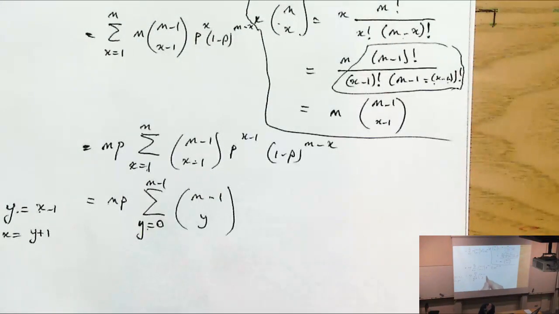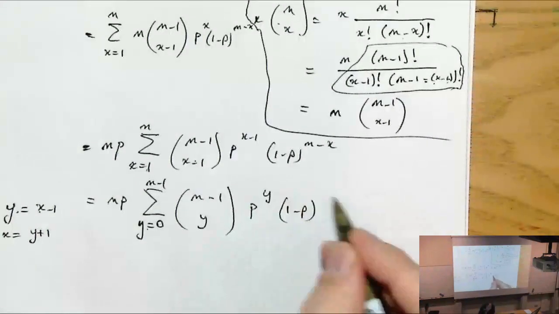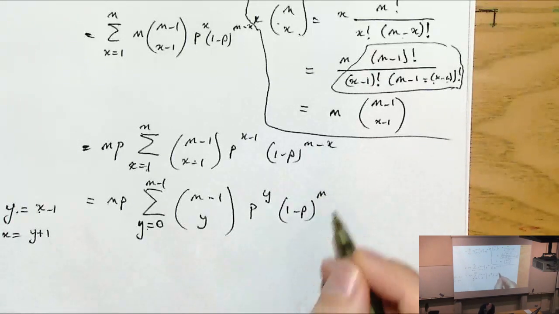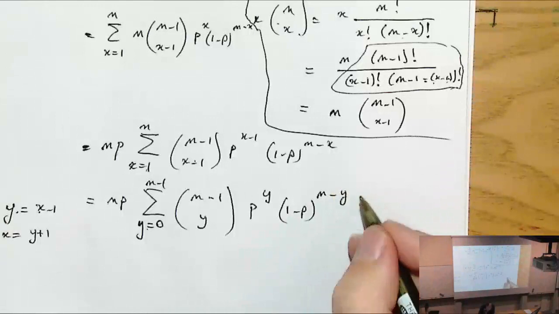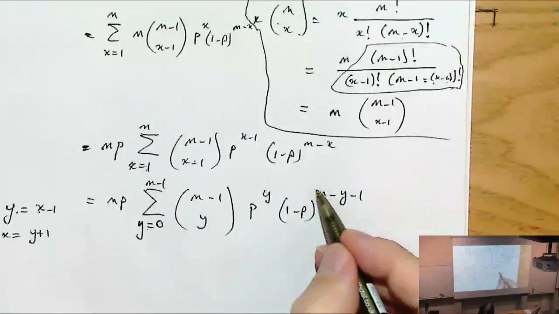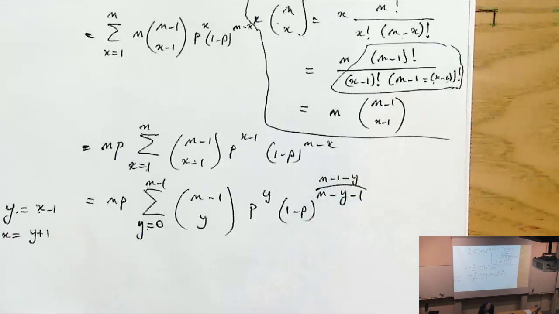y, p to the y, 1 minus p here, and I have n minus x. So n minus x is n minus y minus 1. In other words, this is n minus 1 minus y.